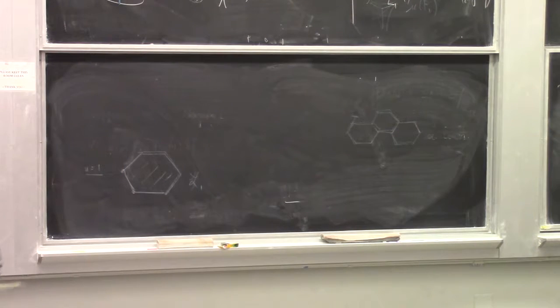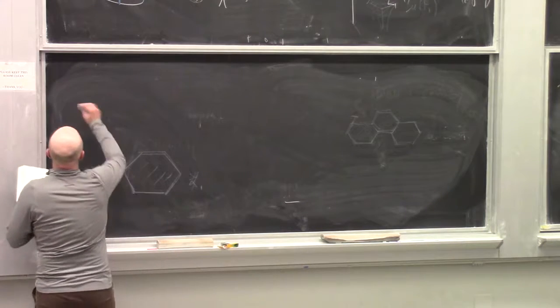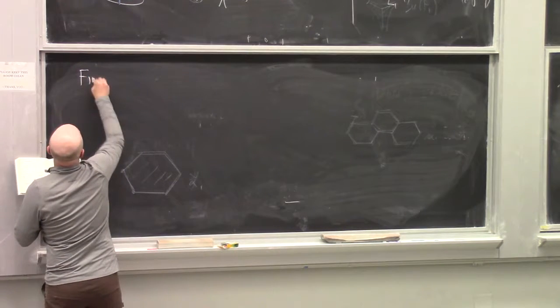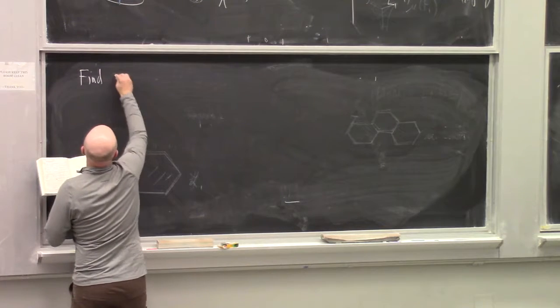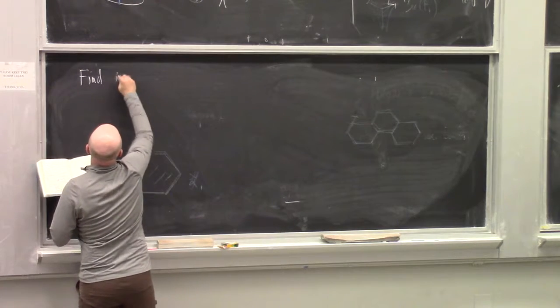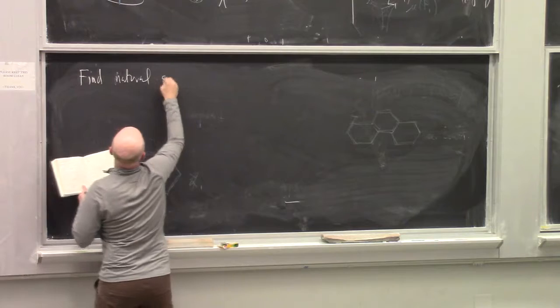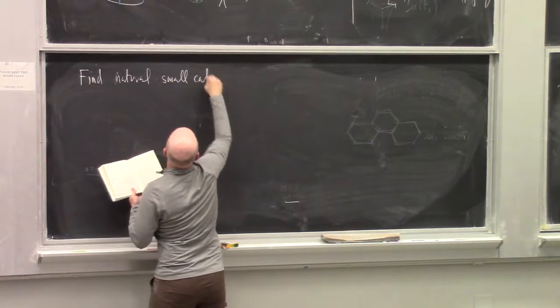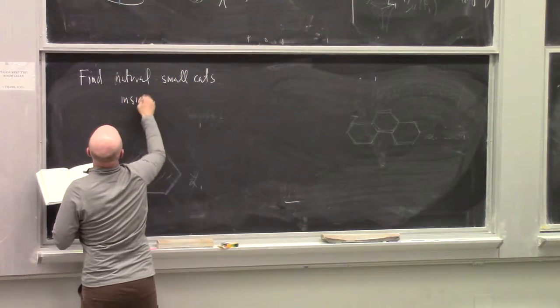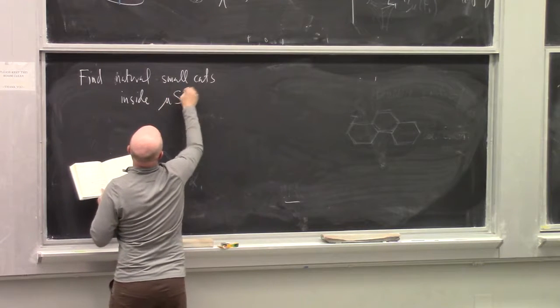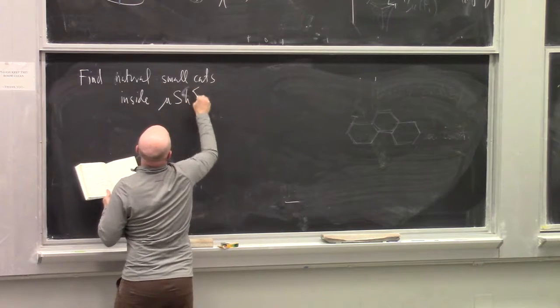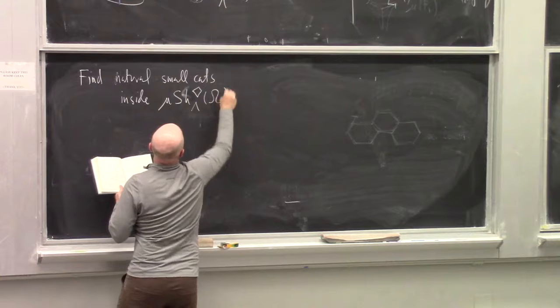So what we want to do is find natural small categories inside microlocal sheaves diamond, Lambda, Omega.